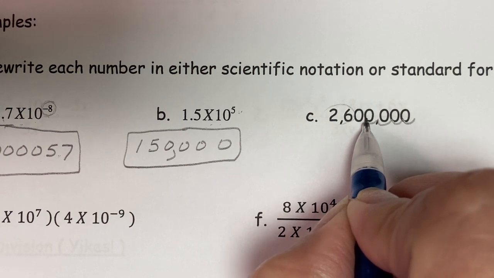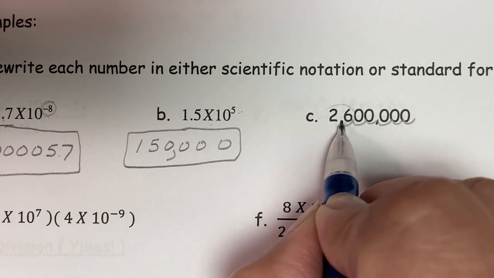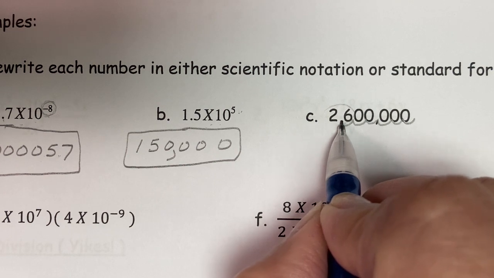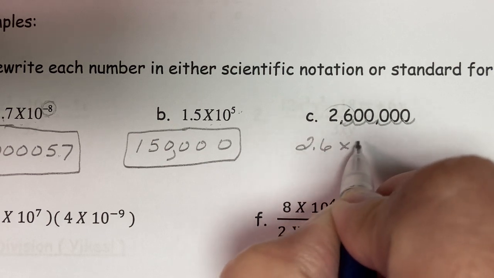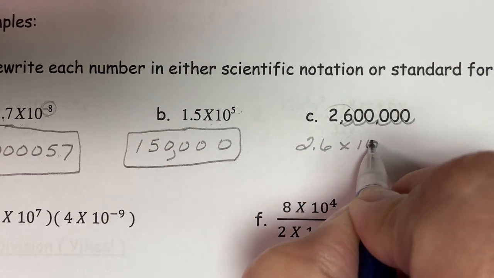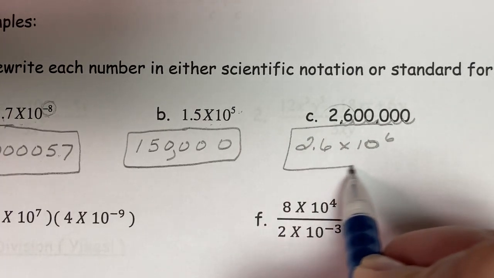That's not between 1 and 10. 5 places, that's 26. That's not between 1 and 10. One more place would be 6 places, which would make the number 2.6. That is a number between 1 and 10. So my a is 2.6 times 10 to the positive 6, because I moved my decimal 6 places.